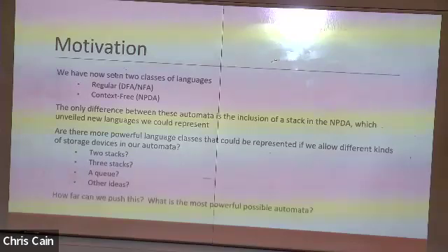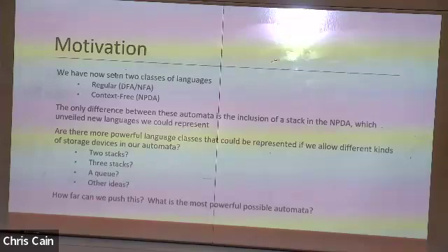So how can we push this? What if we needed to design the most powerful possible automaton? What would that look like? How could you design a state machine that had the same level of power as any modern programming language? In a state machine form.